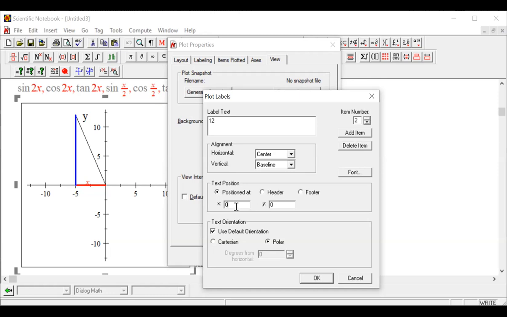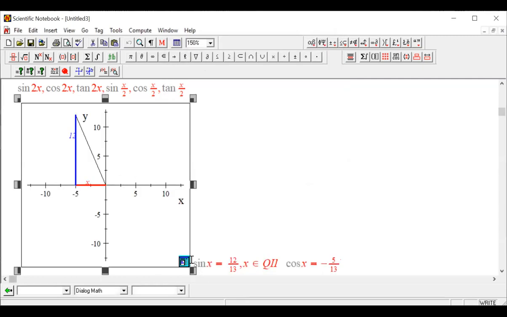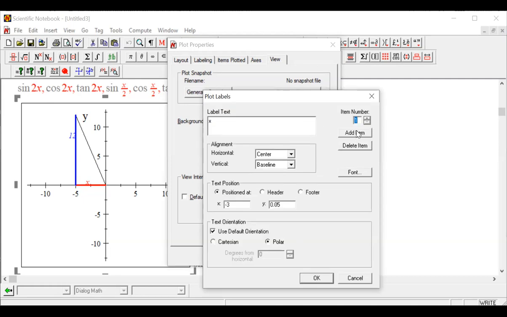And 12, that's the blue piece. And r is 13, right?